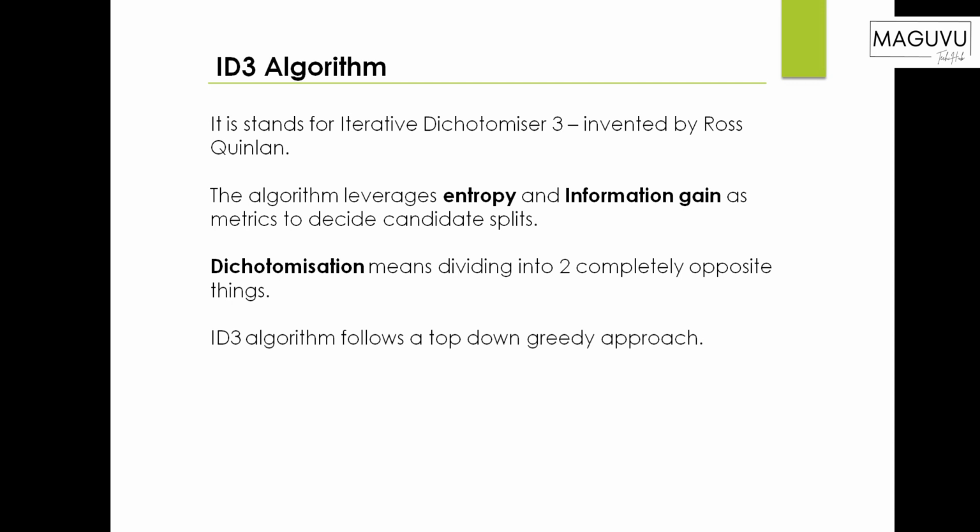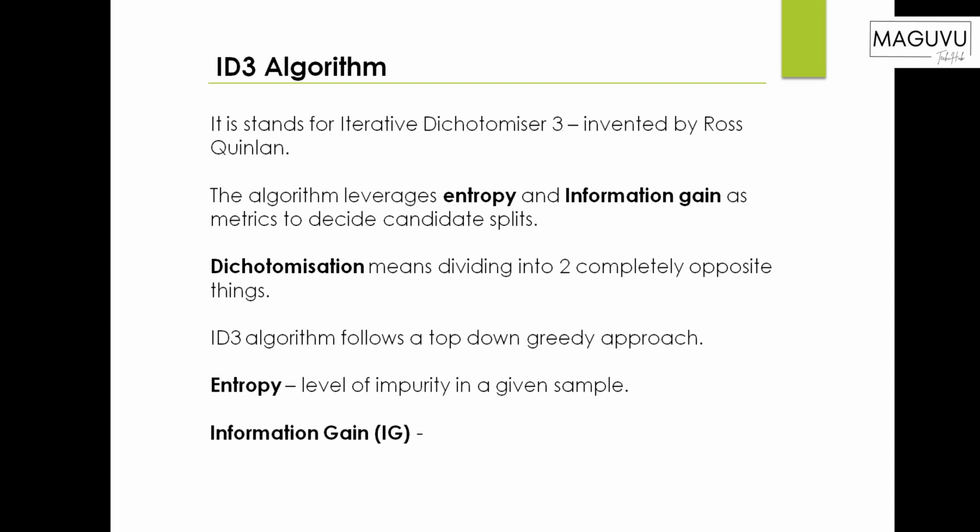The ID3 algorithm follows a top-down greedy approach. In simpler terms, we start with a root node at the top, and as we go down, we follow a branch where we have got the best information. So the keywords to know are entropy and information gain.